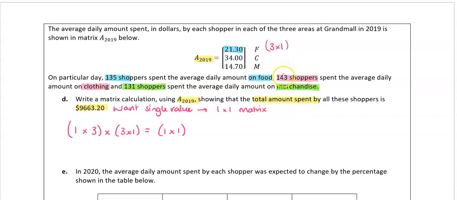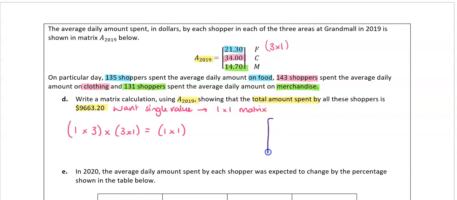Then if I do that with the 143 in the clothing section, multiply that by the $34, and again, the 131 shoppers in the merchandise section by $14.70. If I add all of that amount together, I'm going to get the total 9,000 and so on. So here we are wanting to do some multiplying. So that leads us to this matrix multiplication here.